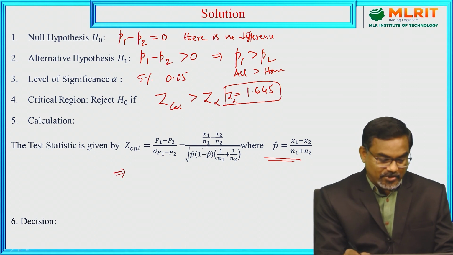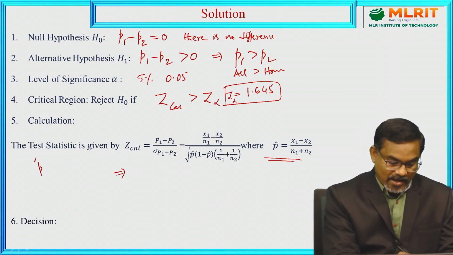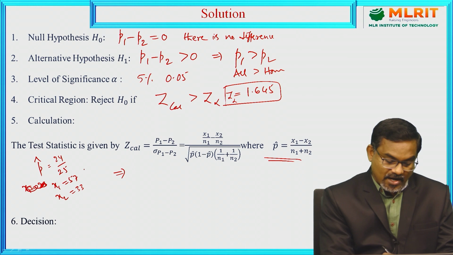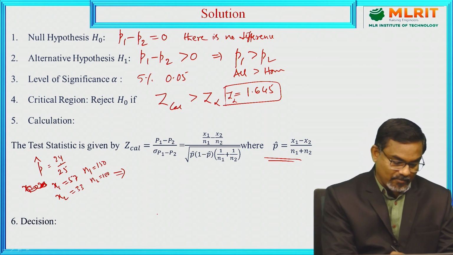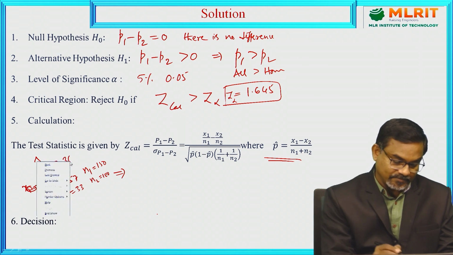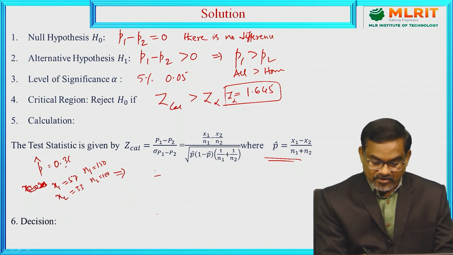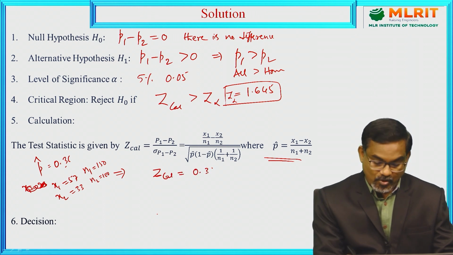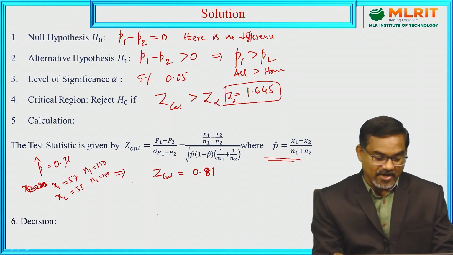So by substituting all these values, x1 is 57, x2 is 33, n1 is 150, n2 is 100, and p cap we obtain using that formula. P cap is 0.36, and after substituting all these values, we get the calculated value 0.81, and we have the tabular value 1.645.